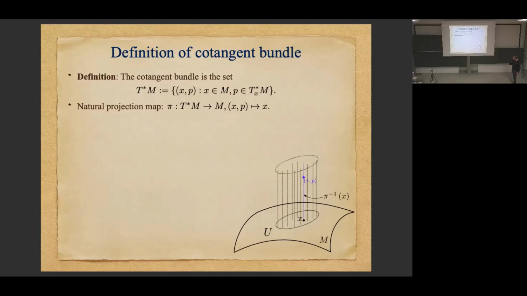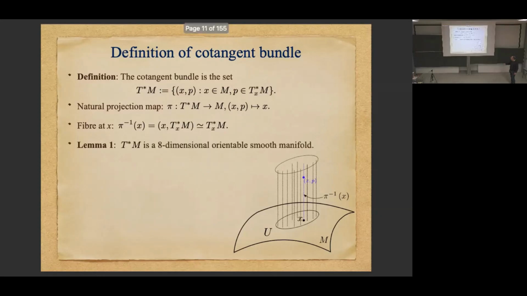Okay, so that's what I just said. This fiber is basically the same as the cotangent space at x. And then what you can prove is that this is again a manifold. This is an 8-dimensional manifold. And it's actually automatically orientable, even if M is not orientable.